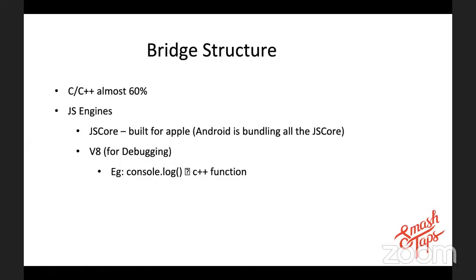The JavaScript runtime is enabled with JavaScript engines, which are JS Core and V8. JS Core is the main JavaScript engine which is running React Native. JS Core is basically built for Apple.